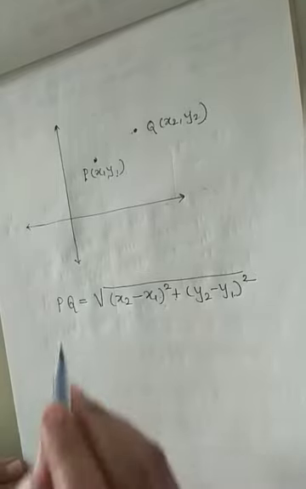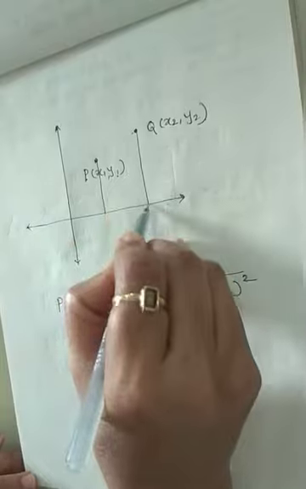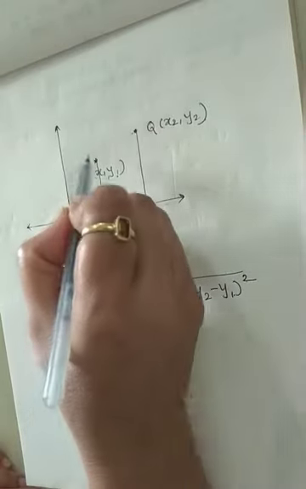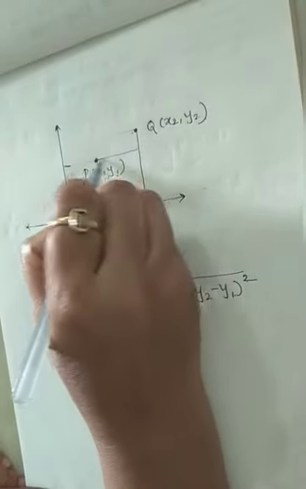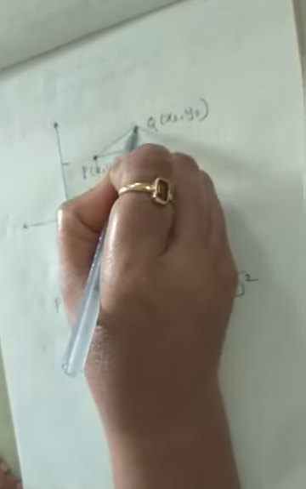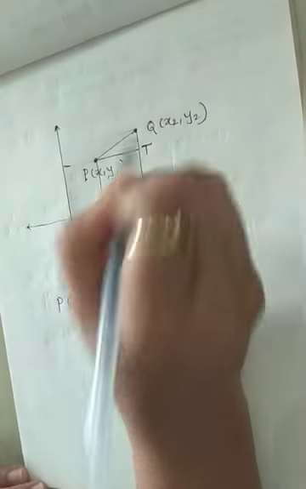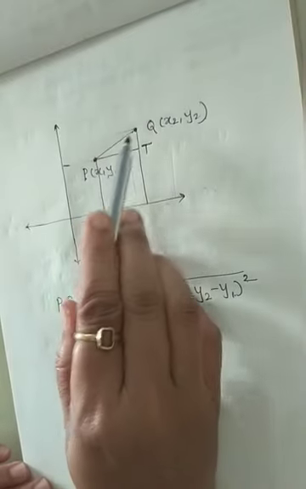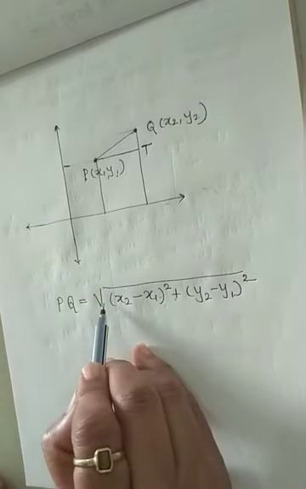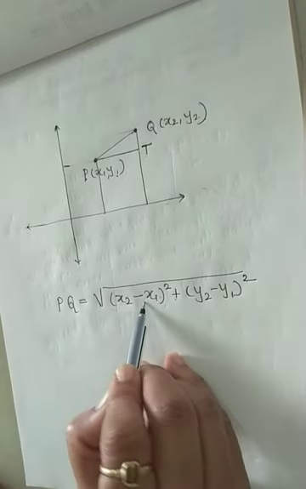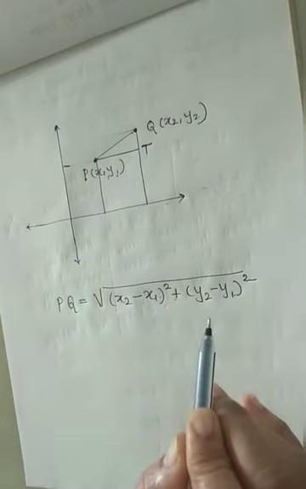And using the Pythagoras theorem, because we are measuring these distances perpendicular to the x-axis and perpendicular to the y-axis, here we can form the triangle. Suppose this is point T, in this triangle PQT, we can find PQ.